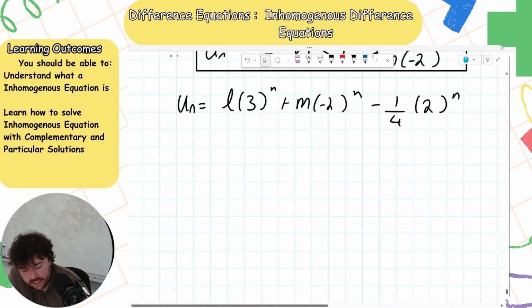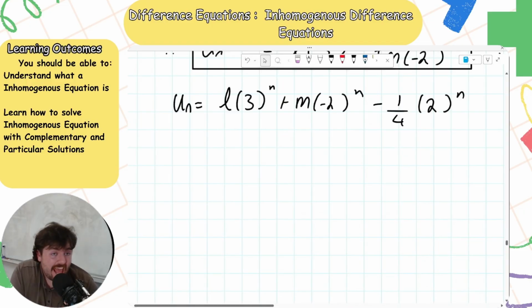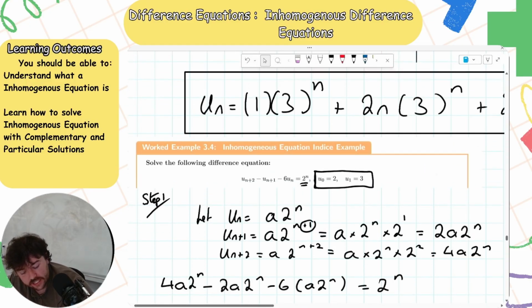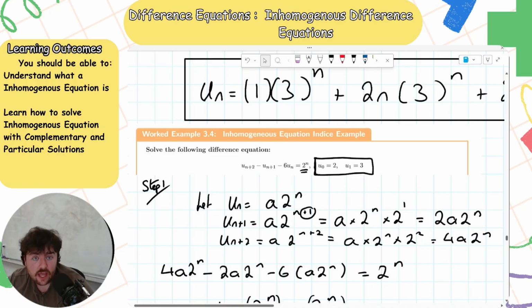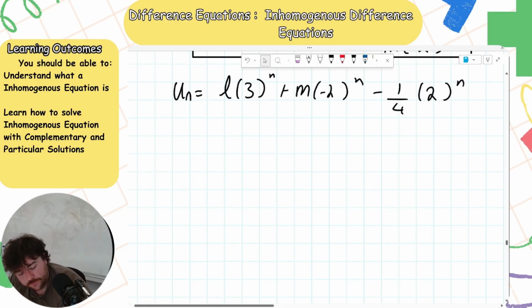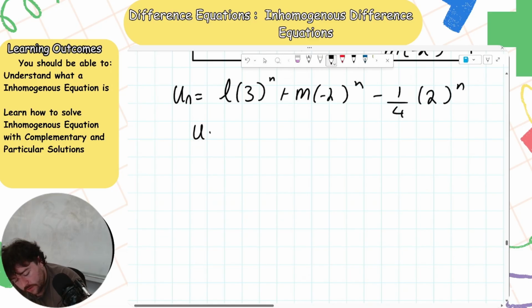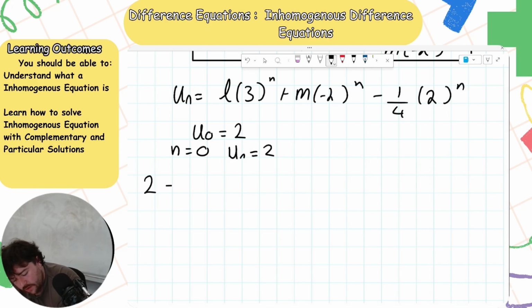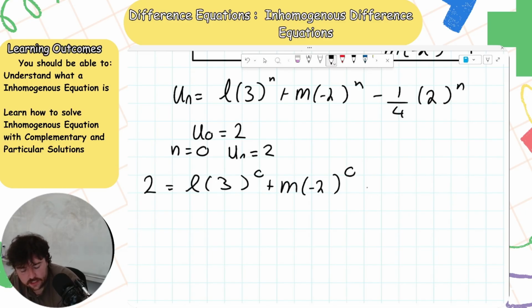Now that I have my complete solution, I need to find what L and M are. So I'm going to use my initial conditions in the question. My initial conditions are u0 equals 2 and u1 equals 3. So when n is equal to 0, u_n is equal to 2. 2 equals L times 3 to the power of 0 plus M times minus 2 to the power of 0 minus a quarter times 2 to the power of 0.